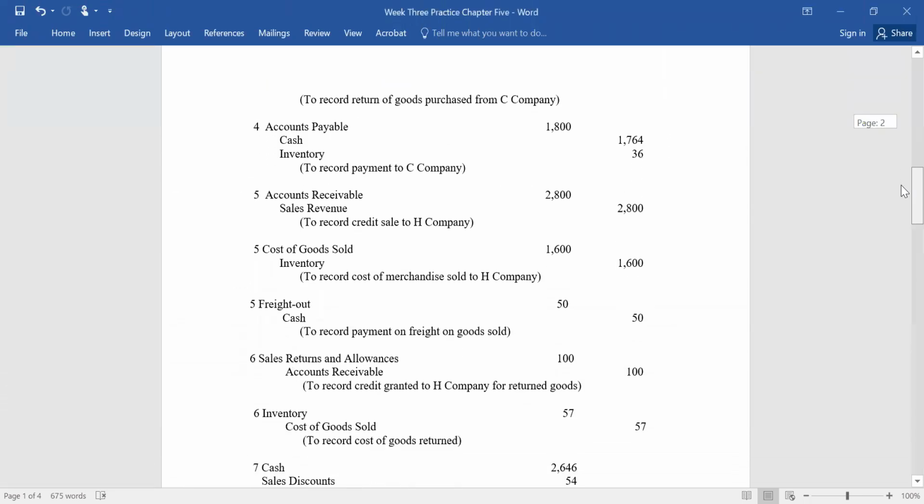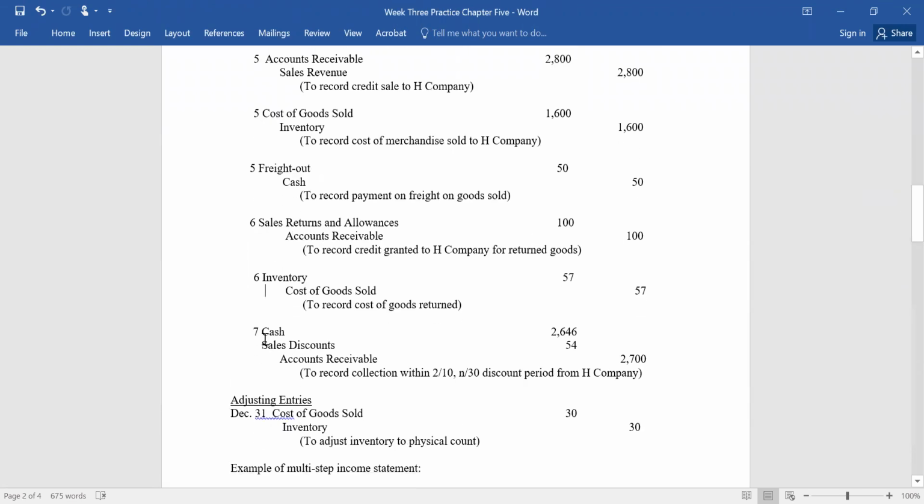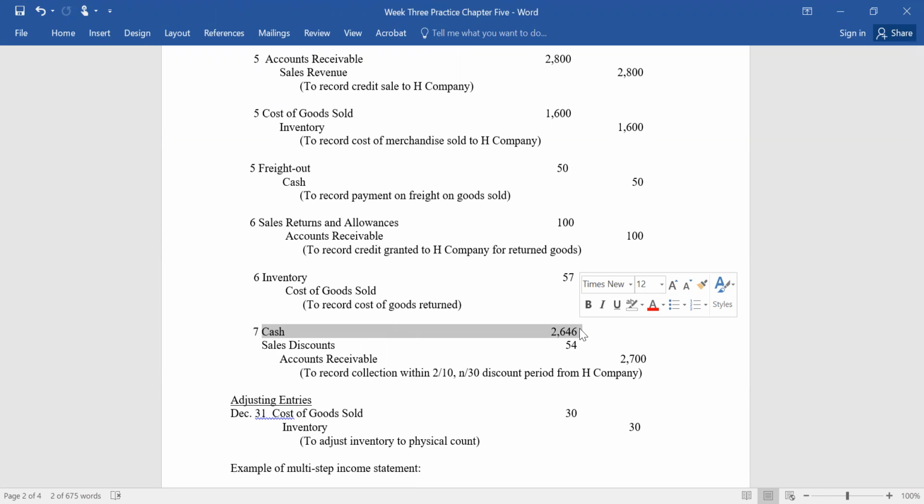So here we are. Sorry, let me go back down a little bit more. We're going to receive cash for $2,646. That's that $2,700 times 98%, because it was a 2% discount. 100% minus 2% is 98%.